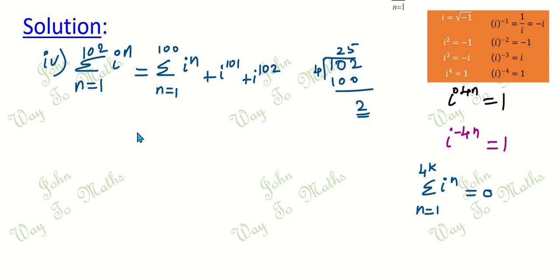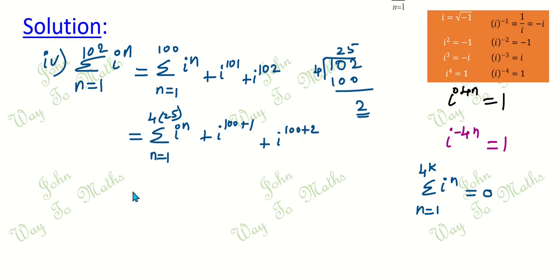In the summation, this can be written as summation of i power n, n varies from 1 to 4 times 25. So the value of k is 25. 25 4s are 100, so the answer becomes 0. Using long division, we write i power 100 plus 1, and i power 100 plus 2.